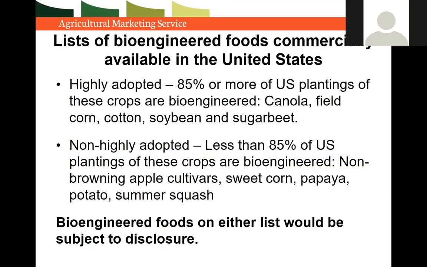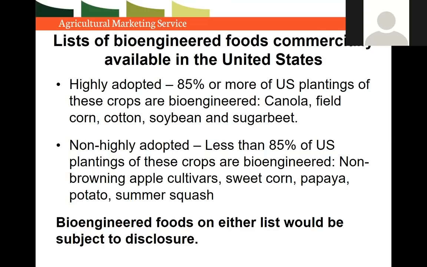They could also use the symbol or an electronic disclosure, depending on the form of disclosure that best meets customer expectations. Foods on the non-highly adopted list would also be able to bear the may be bioengineered food disclosure.